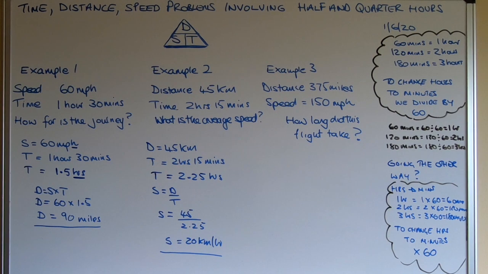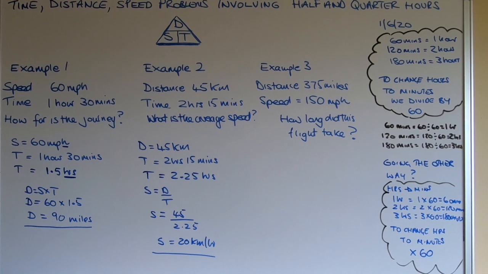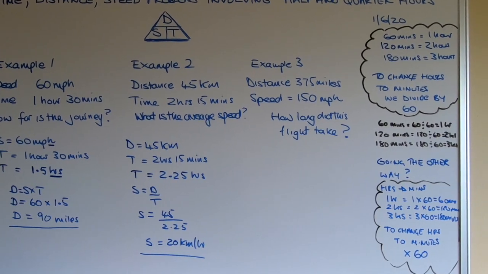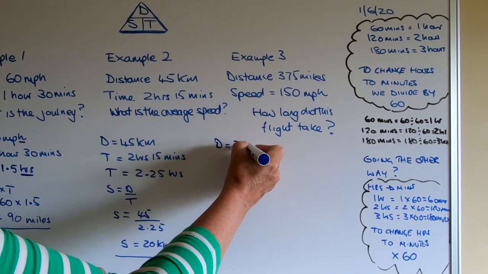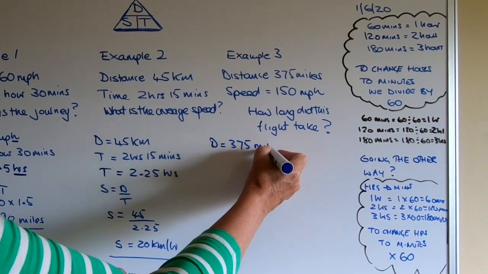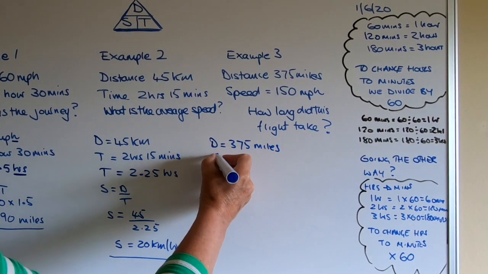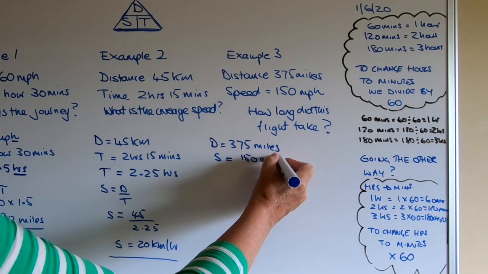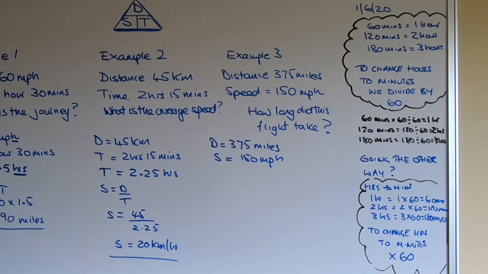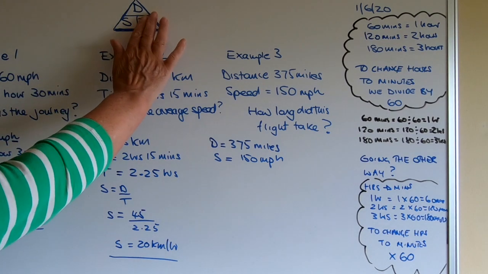Third example, the distance, again, let's note what we have. Distance is equal to 375 miles, and the speed is equal to 150 miles per hour. So it's the time we're being asked to work out here. Put your hand over that.